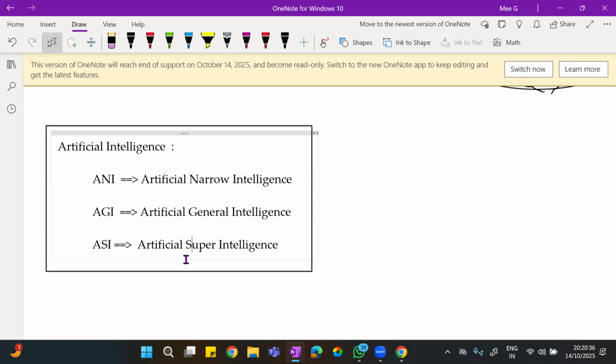Once you create it, just imagine when you have artificial general intelligence. This itself is very much advanced. I will give you some examples.